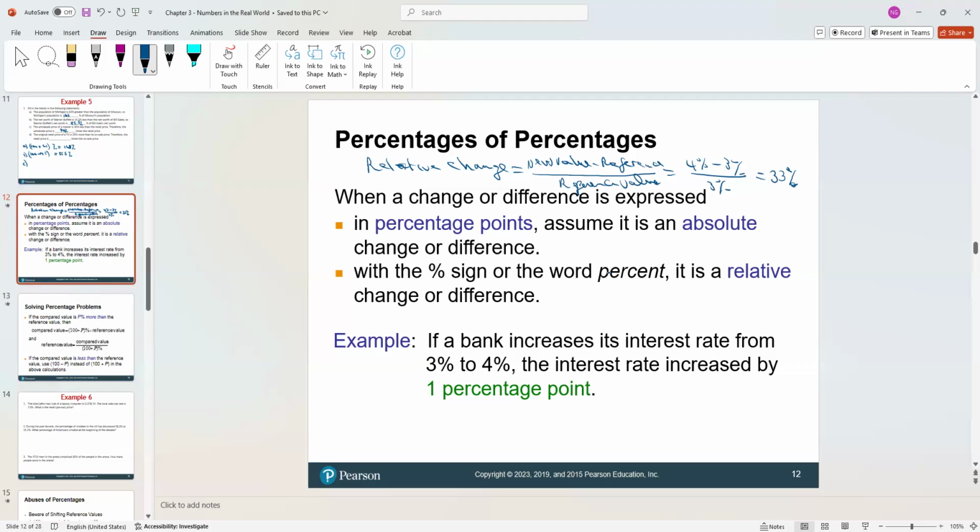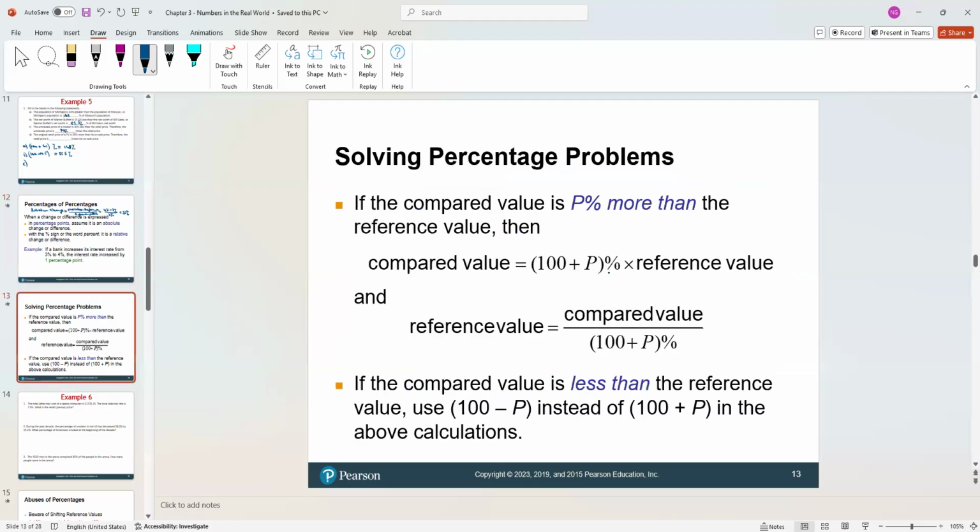With the percent sign or the word percent, it is a relative change or difference. So if a bank increases its interest rate from 3% to 4%, the rate increased by 1 percentage point.